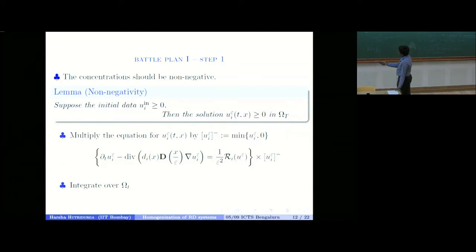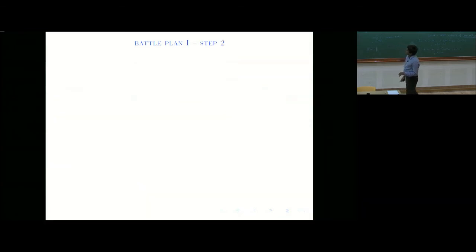The main part will be the term involving this, but if you observe carefully, it will be fine. This trick usually works for most parabolic problems. When you want to show non-negativity, you just multiply by the negative part and do integration by parts. So we have shown that the solution is non-negative.